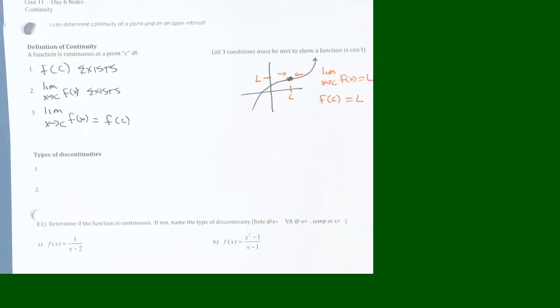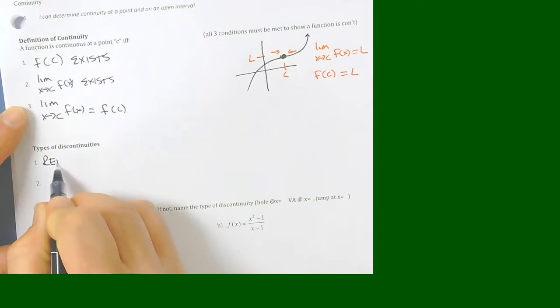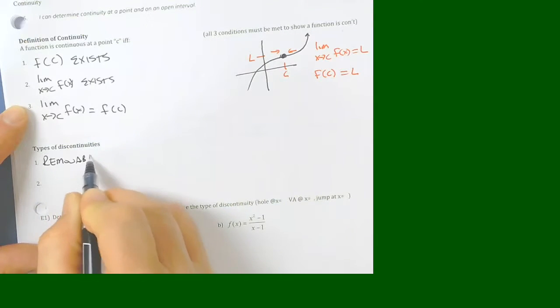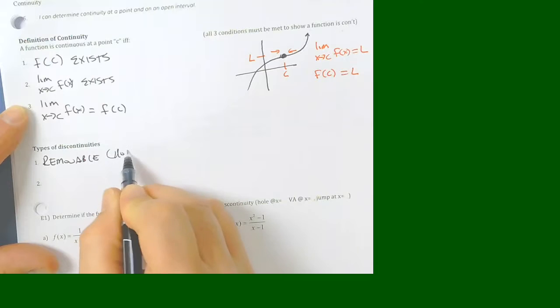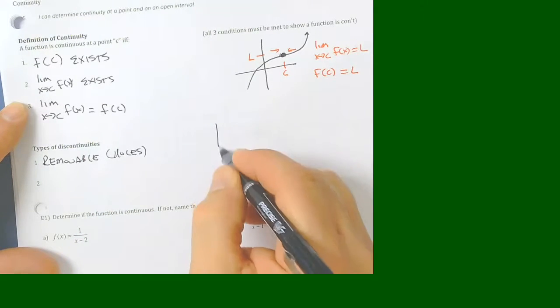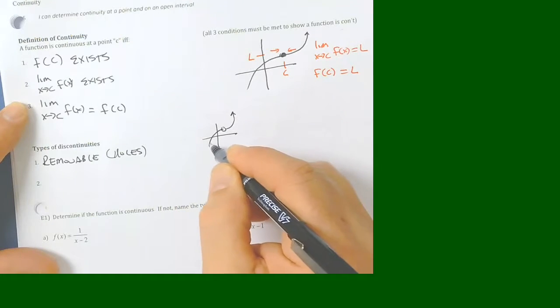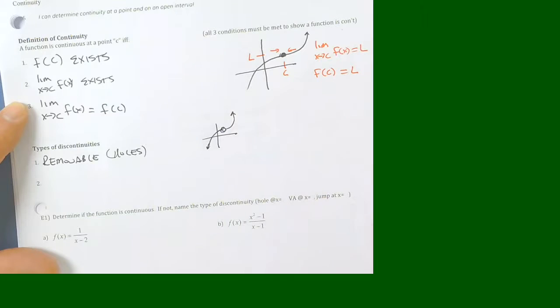So let's have a look at discontinuities. We know about removables, also known as holes. We know what those look like. We come up, we have a gap, we don't have the function exist.